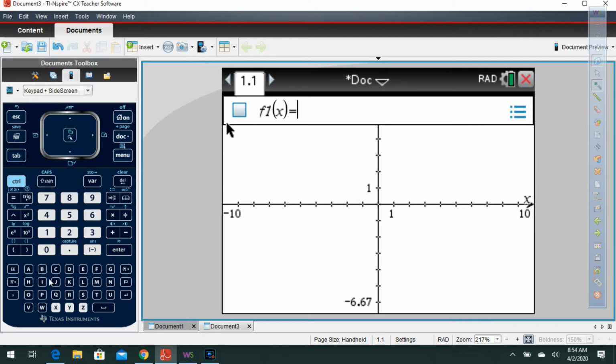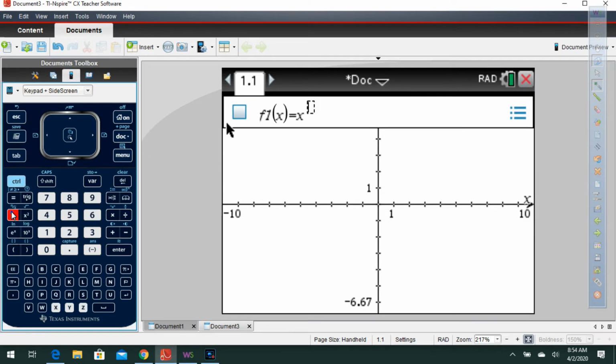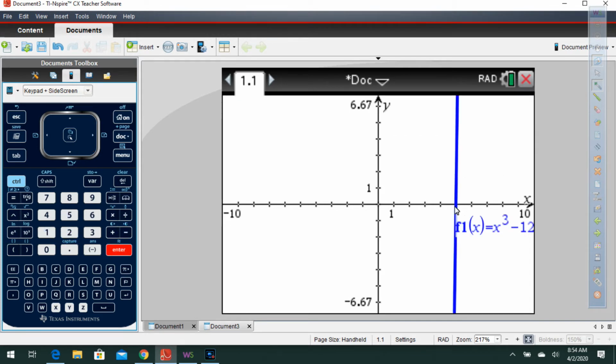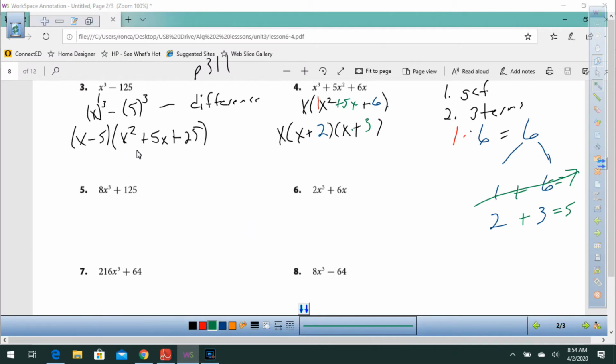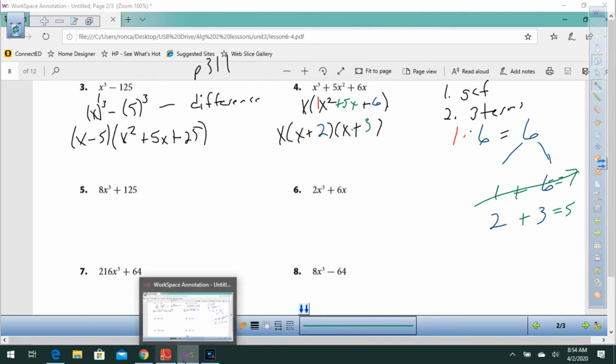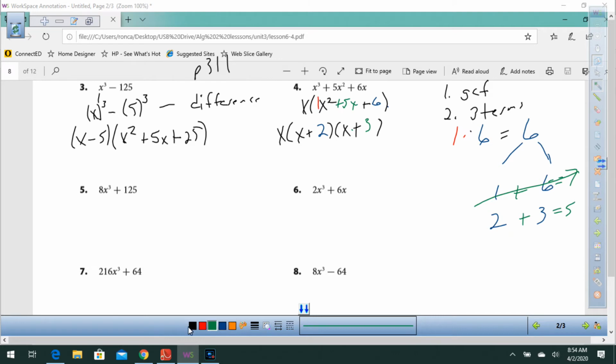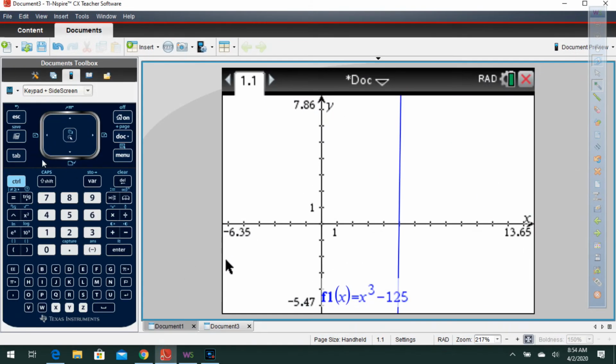What do we got? x cubed minus 125. And see, it goes through right there, but that's the only place. Okay, which is why you had this right here. But this one right here, let's try that one.